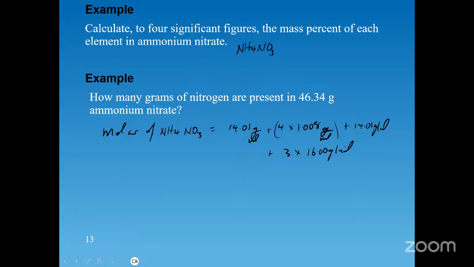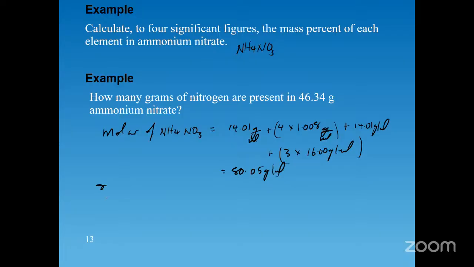So let's see what that gives. Okay, so according to my calculation, this works out to be equal to 80.05 grams per mole.